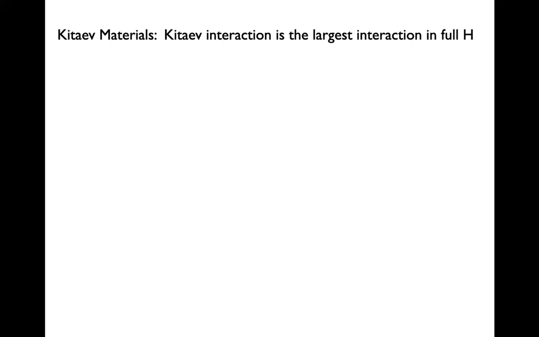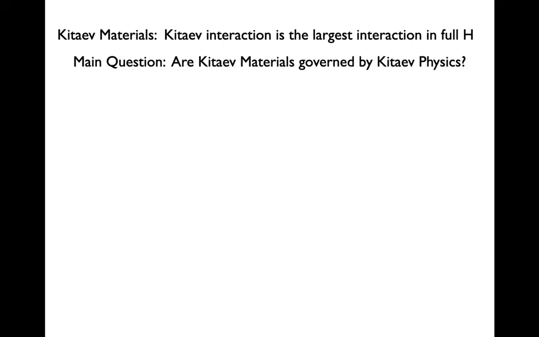I'm going to call sub-Kitaev materials those where the Kitaev interaction is a sub-leading term, and the physics is probably governed by other interactions. The main question I want to ask today as well as tomorrow is: do these Kitaev materials have the largest Kitaev interactions? On the other hand, are these Kitaev materials governed by Kitaev physics?